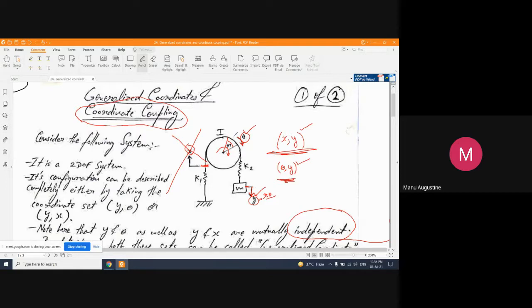So there are a lot of instances where theta would be in the clockwise direction and y would be in the upward direction. In that case, the displacement given by theta would be neutralized by the upward motion of m. And you might even see some instances when your mass is not moving, only the disk is rotating. So in such instances, theta is being produced, but y is not getting affected.